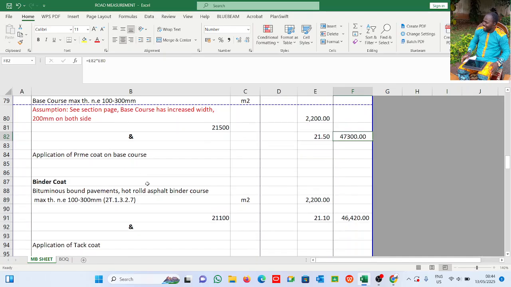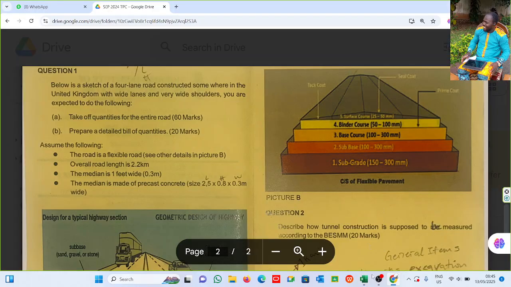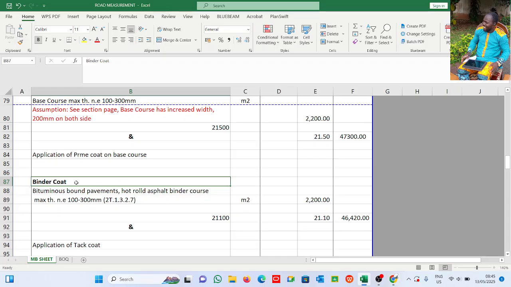Alright, and now the binder course. The binder, is it binder coat or binder course? It is binder course, C-O-U-R-S-E. The binder course also is the same thing. Now if you look at the BSMM 4R, it is bituminous bound pavement hauled through the asphalt binder course maximum. We know the thickness already.